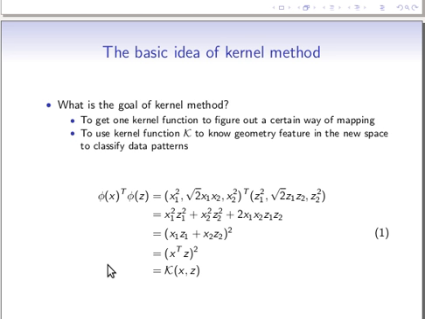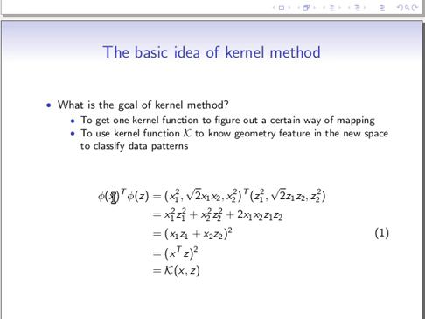In fact, from equation 1, given a kernel function k(x, z), we can know the inner product of the data in the feature space.